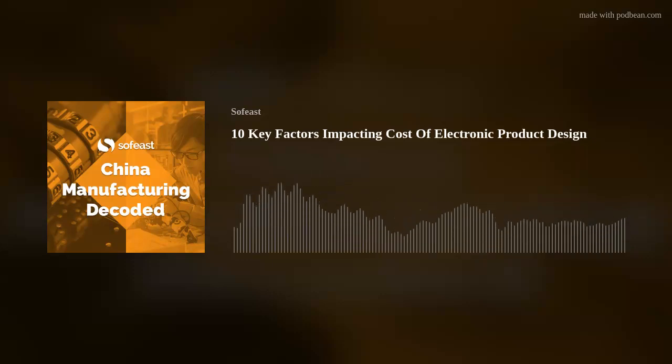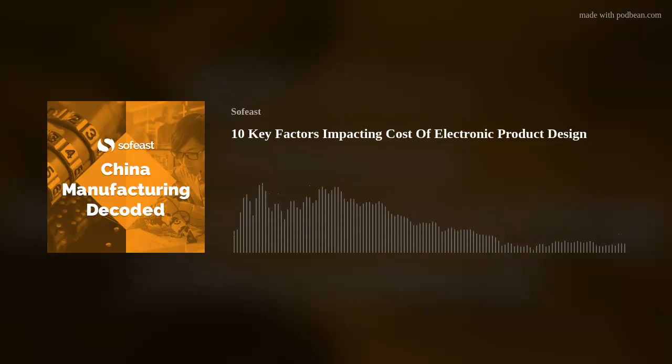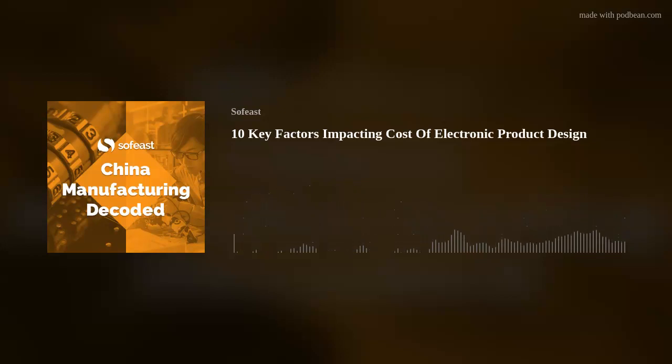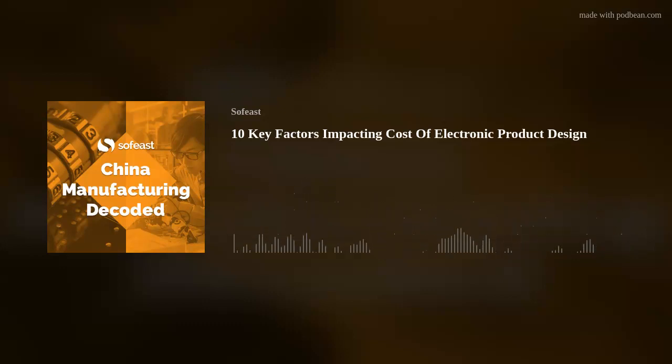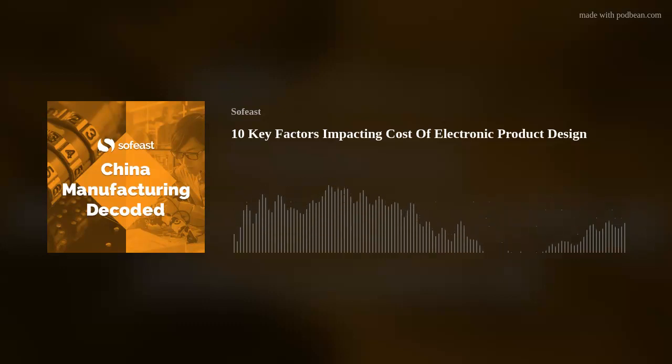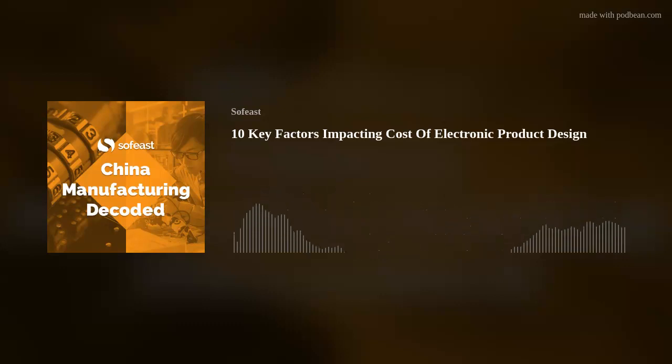So then we could move on to the next item that I think is also equally important, and that's manufacturing processes. If you have a very complex product or complicated manufacturing process, it is definitely going to impact the cost, because when you're manufacturing and you got a lot of components to put together, for example, PCBA, it's going to take longer time.